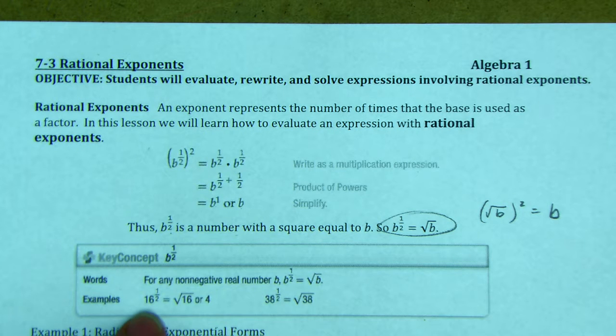Take a look at these examples. 16 to the 1/2 power is really the square root of 16, which is 4. 38 to the 1/2 power is really the square root of 38, which is just the square root of 38. We cannot reduce that because 38 is not a perfect square, and also there are no perfect square factors of 38. So 4 doesn't go into that, 25 doesn't go into that, 9 doesn't go into that, so we cannot reduce that.